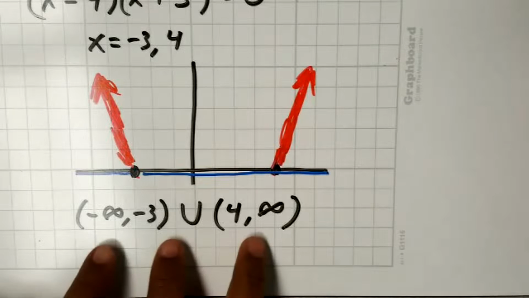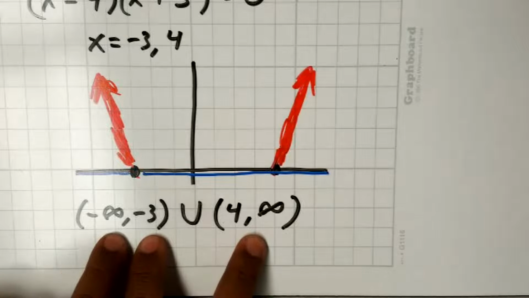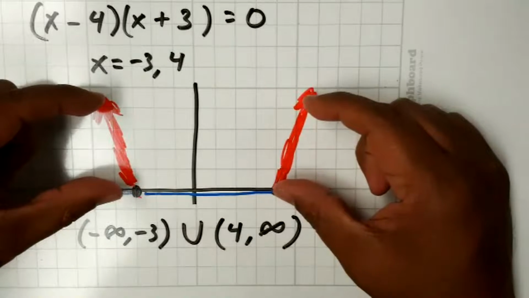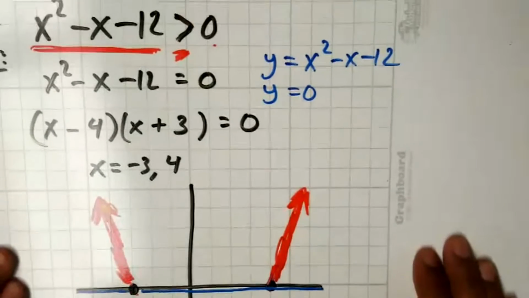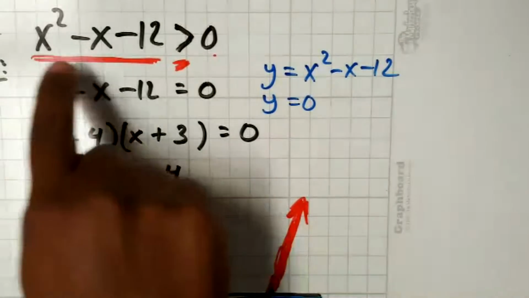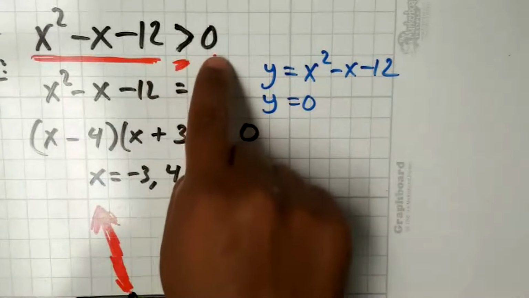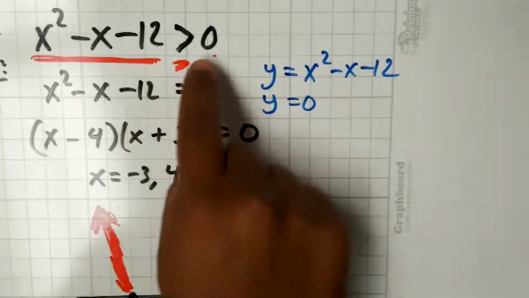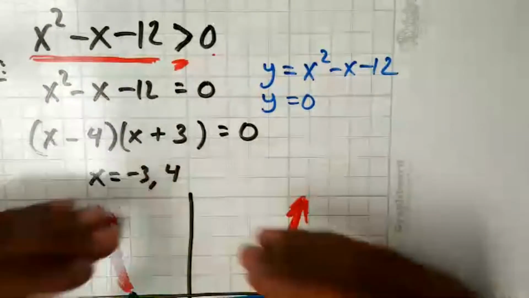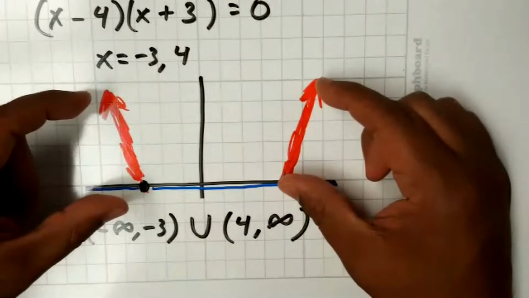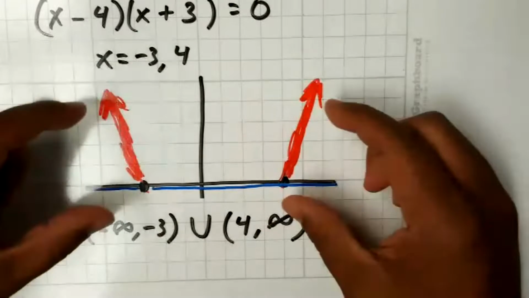So these are the x values that give us positive y values. And that's what we were asked to find. When is this function positive? When is this function greater than 0? This function is greater than 0, or positive, above the x-axis. So we found the parts of the function where it's above the x-axis.